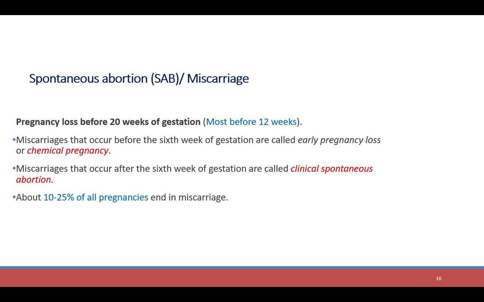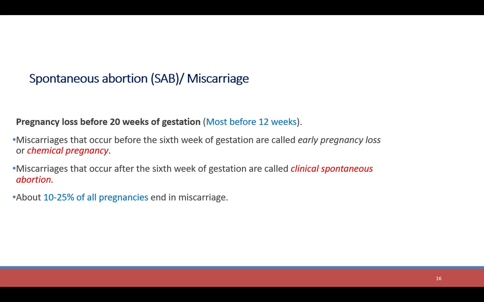Spontaneous abortion means we have the loss of the pregnancy before 20 weeks. Most of the time within the 20 weeks of gestation, the majority of abortions happen in the first 12 weeks. We call it a miscarriage that occurs before the 6th week of gestation.